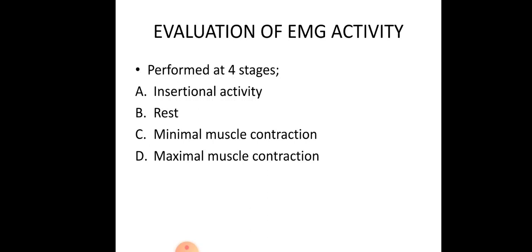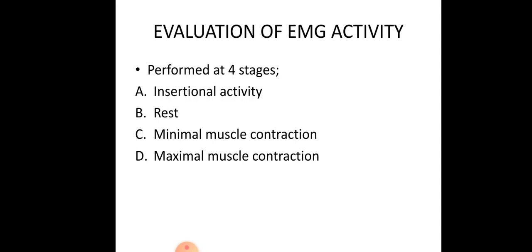That is your needle piercing through the muscle membrane. That is seen as an activity in your graph known as insertional activity. When you insert the needle, the person is at rest, so that insertional activity is only for a certain duration. After that, there should be nothing seen on the graph. There should not be any positive or negative deviation in the graph. That is nothing but your rest.